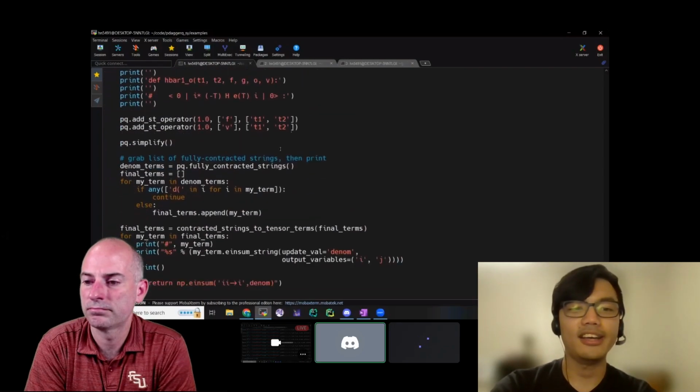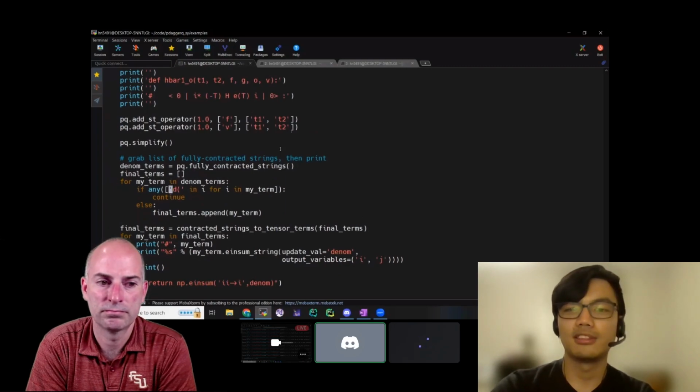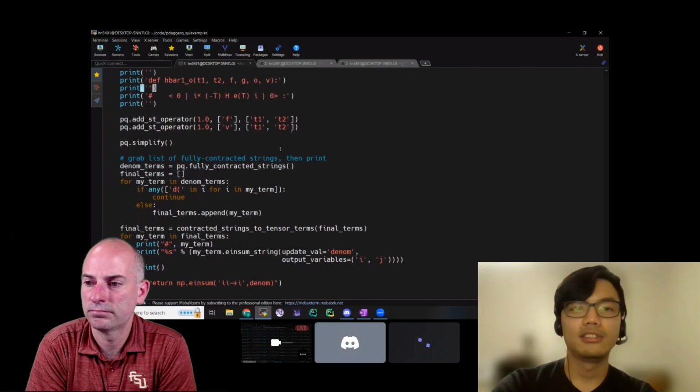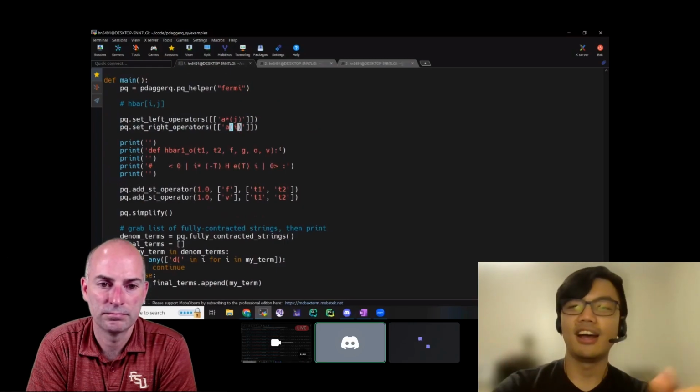And then here, I actually do a little bit of a hacky thing. First, I let Pythagoras Q simplify this expression. And then I know that Pythagoras Q will generate a whole bunch of expressions with delta in them. For example, it will create a term that has delta ij, because the i and the j can contract, but I don't want that.